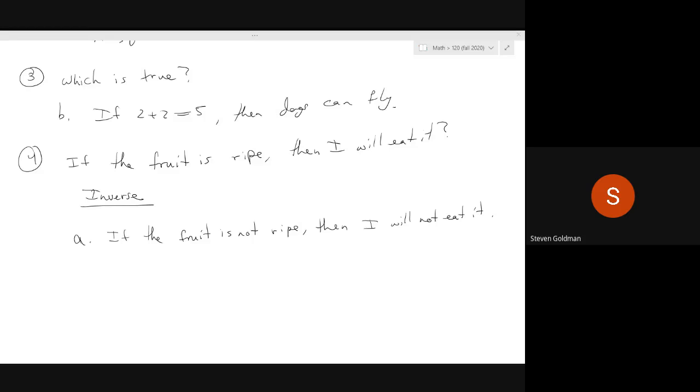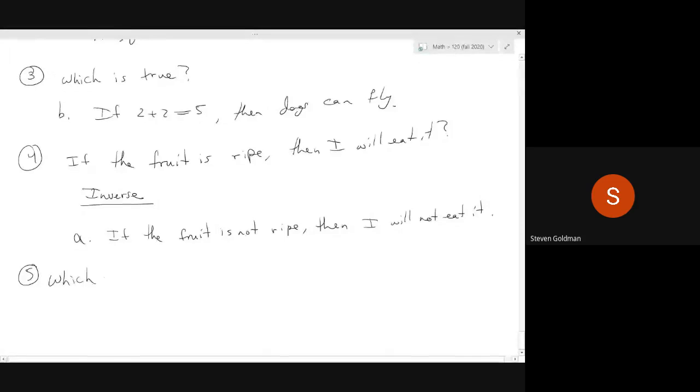Okay, let's move on to 5. 5 was the question, which of the following is logically equivalent to the proposition, if the fruit is ripe, then I will eat it? So that would be the contrapositive. You had to remember that a conditional statement is logically equivalent to its contrapositive. So that would be D in this question: if I will not eat it, then the fruit is not ripe.